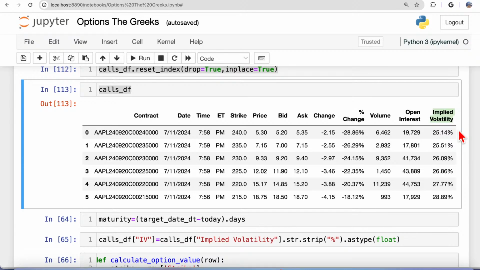Now, obviously, if you're a brand new driver, and you recently got your driver's license, maybe just in your early 20s, the insurance company has no idea how you're going to drive, so they will include some risk, and implied volatility would be risk, pretty much how much the stock could move.